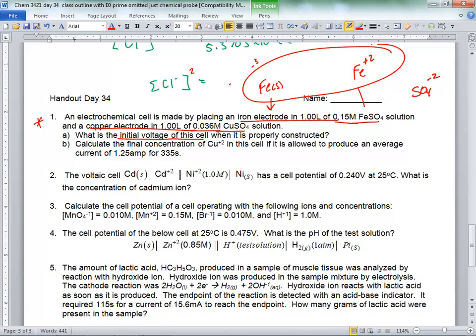What's the other half reaction going to involve? Good. Copper plus 2 and what, Monica? Yeah, copper electrode. Copper solid. So you find those two half reactions. How do you know which one to flip?